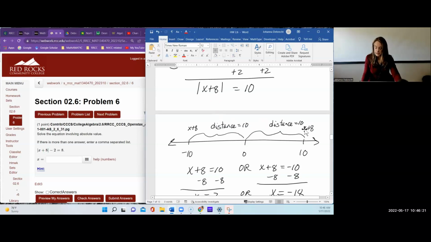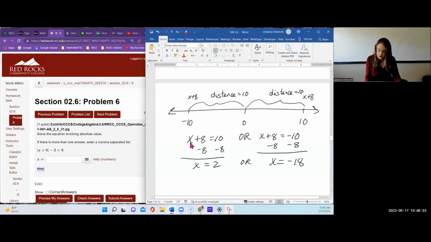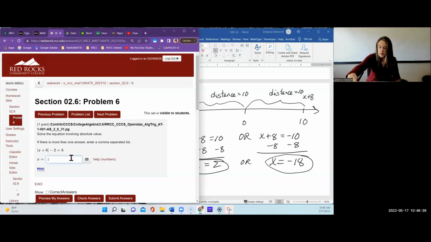So x plus 8 is truly sitting here at 10. If you have negative 18, x plus 8 is sitting at negative 10, which is also 10 steps away from 0 on the number line. These are our two solutions, 2 and negative 18. Notice that there is not a possibility of false solutions here as there was in the radical equations.